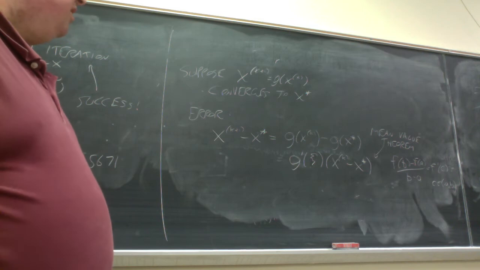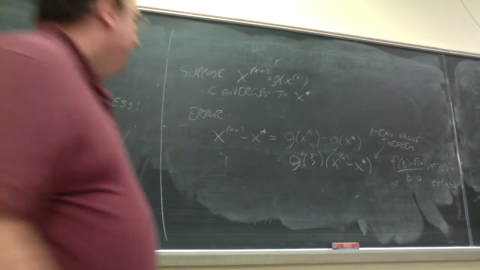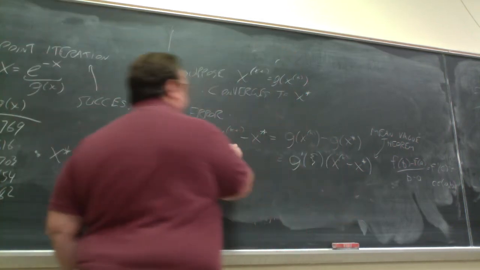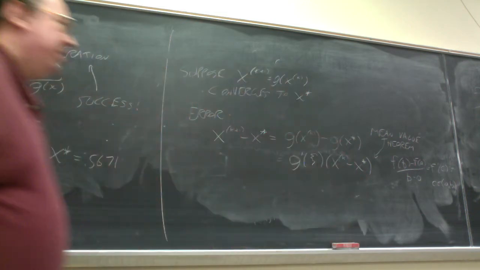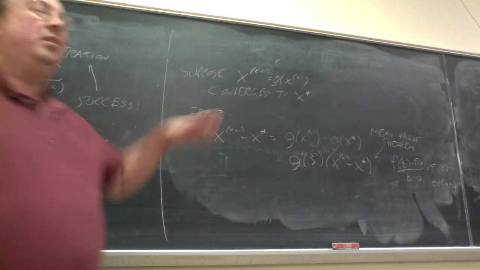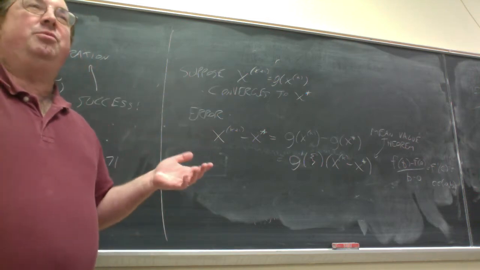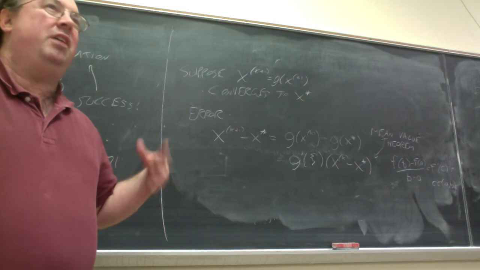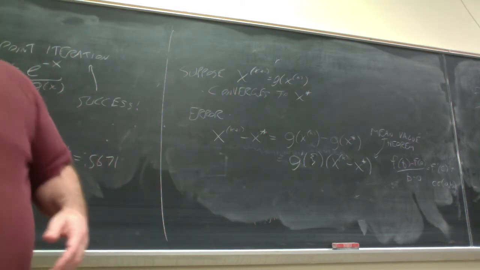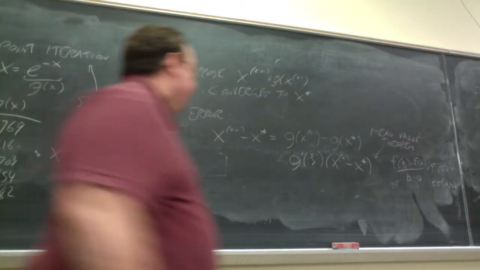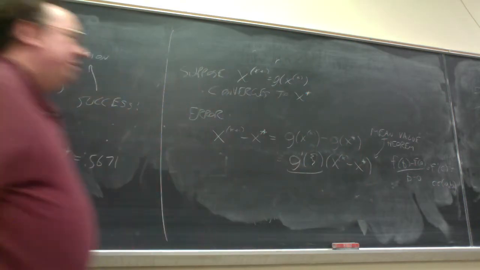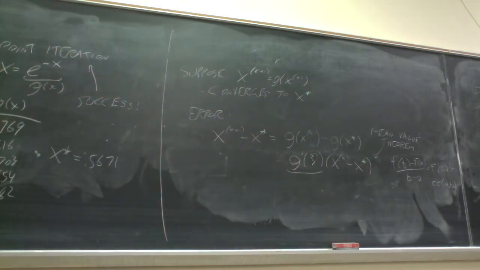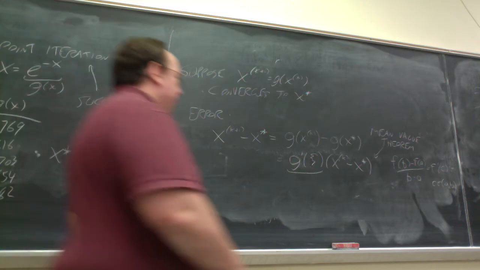But the thing is, this is the error after k plus 1 iterations. This is the error after k iterations. So new error, old error. Now we saw something like this with stationary iterative methods. We want to make sure that the error decreases from one iteration to the next. So what needs to be true of this to make sure that the error decreases?